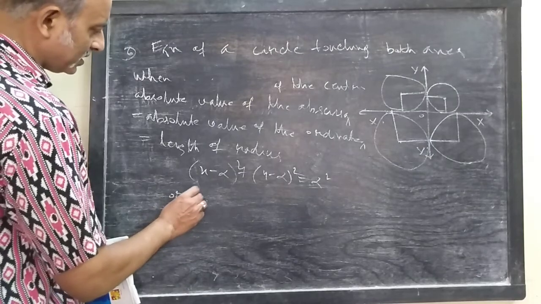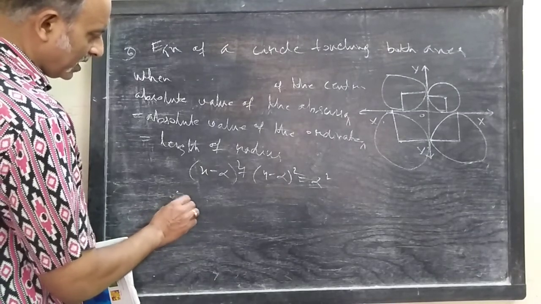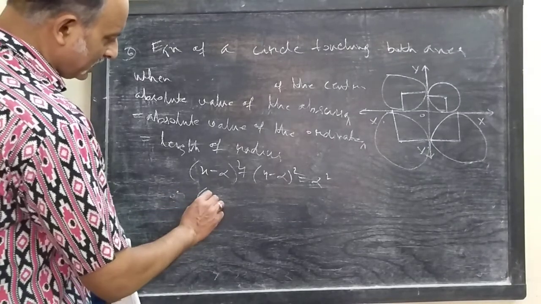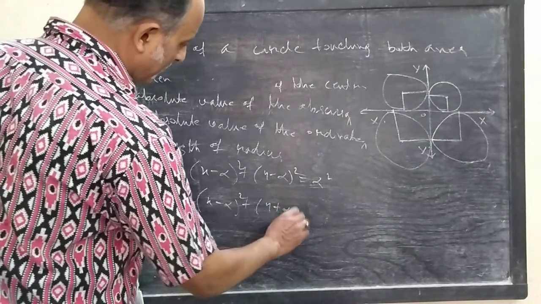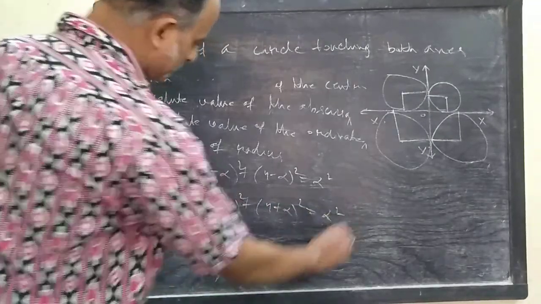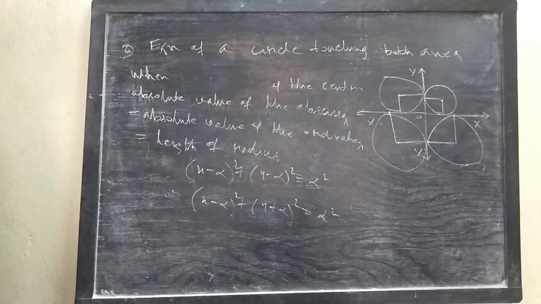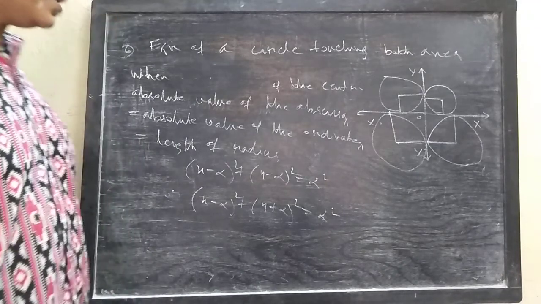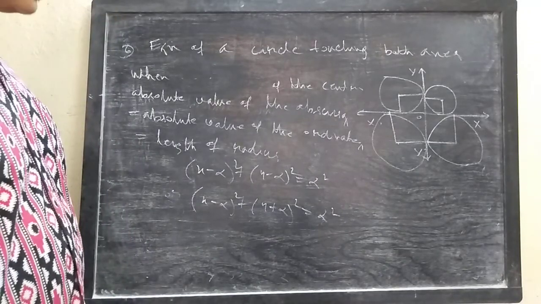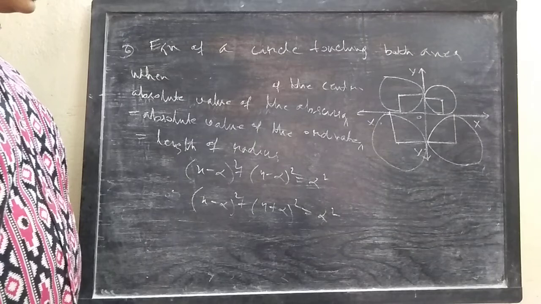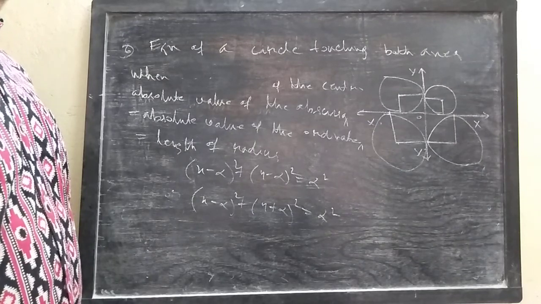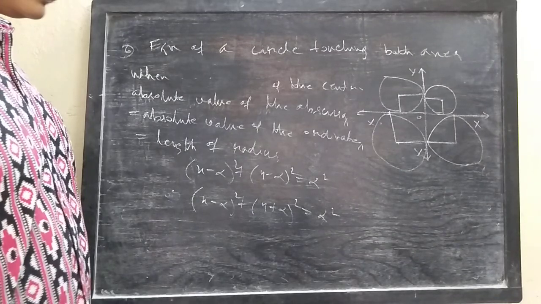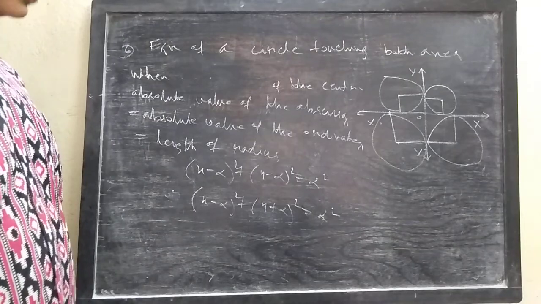Or when they are of opposite sign, then the equation will be (x minus alpha) whole square plus (y plus alpha) whole square equals alpha square. So from the given condition you have to understand where the circle lies, whether it lies in the first or third quadrant or in the second or fourth quadrant. According to the situation we have to select the equation. Okay.